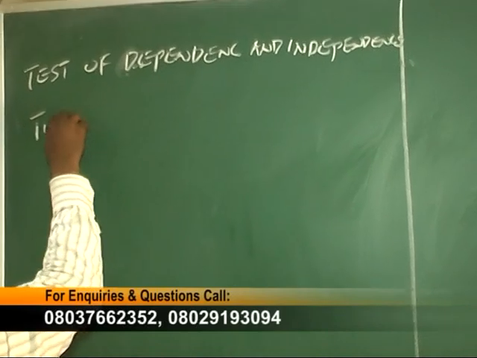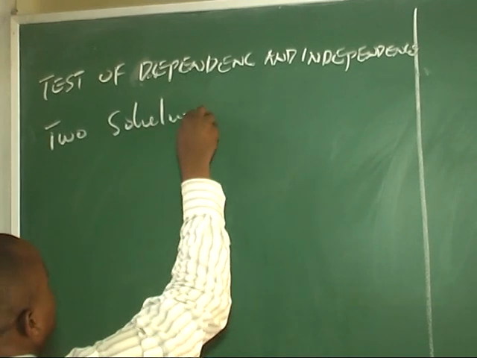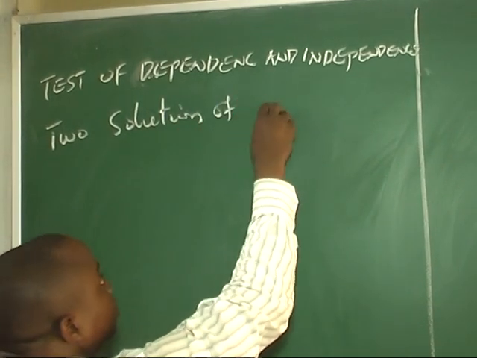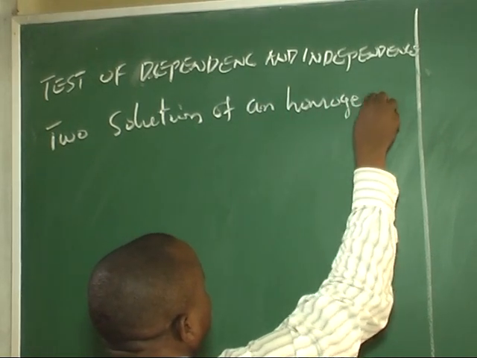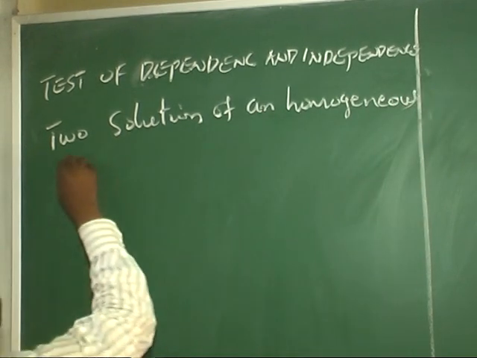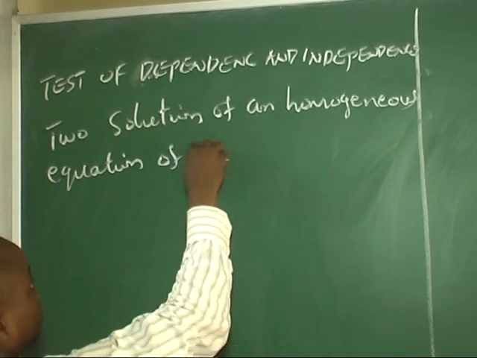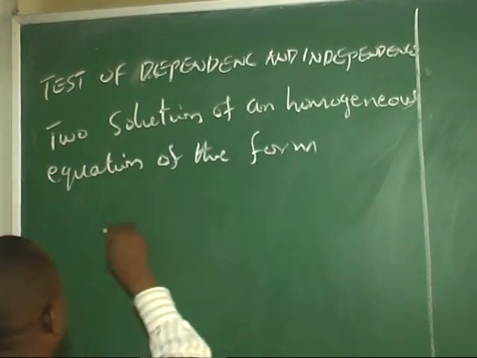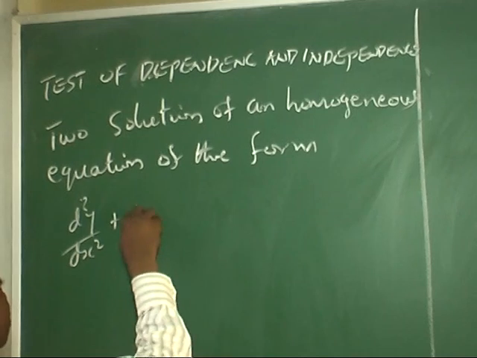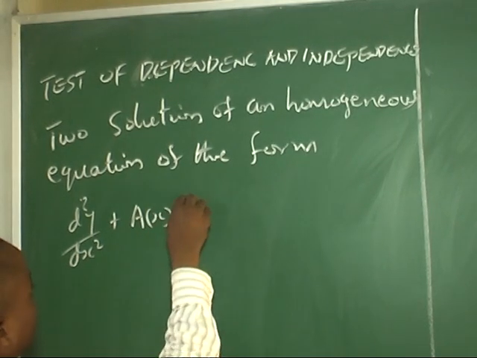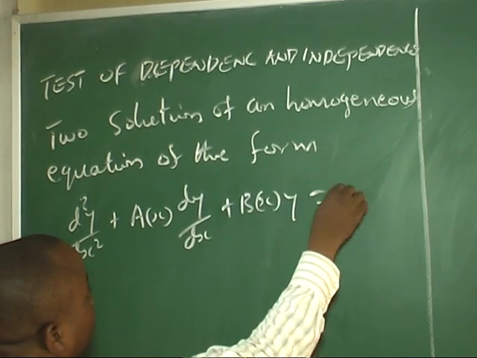Now, two solutions of a homogeneous equation of the form d squared y over dx squared plus a of x dy over dx plus a of x y is equal to 0.